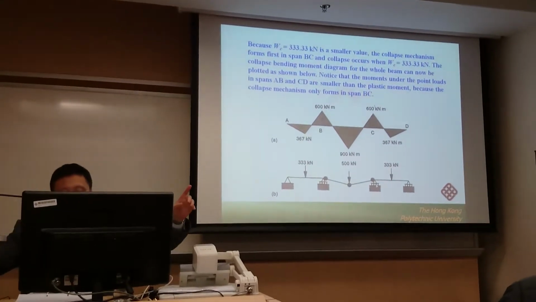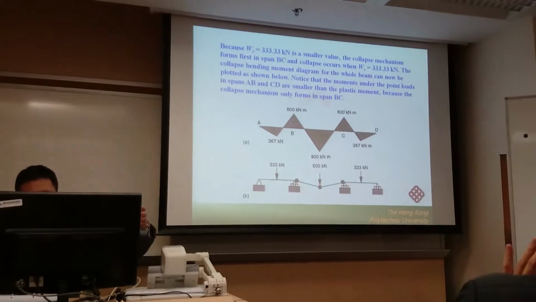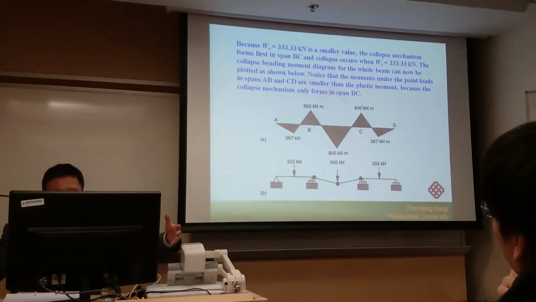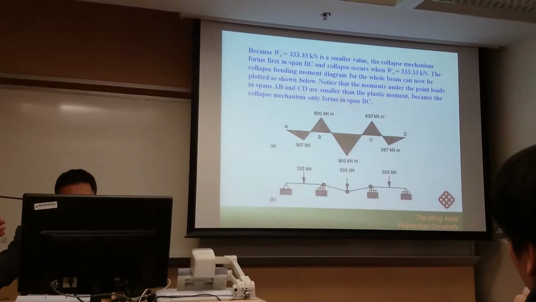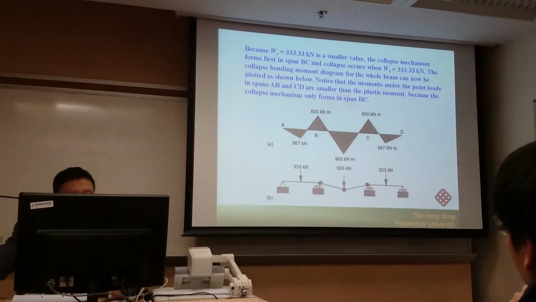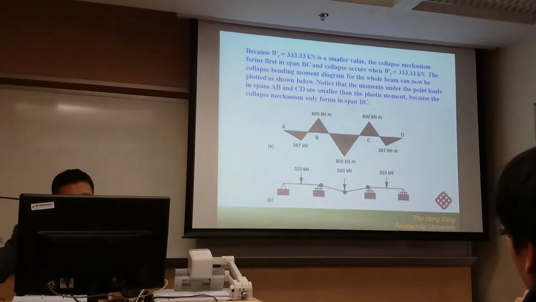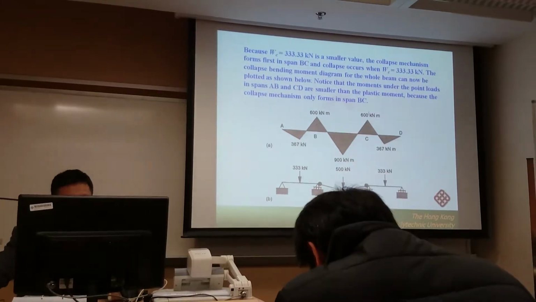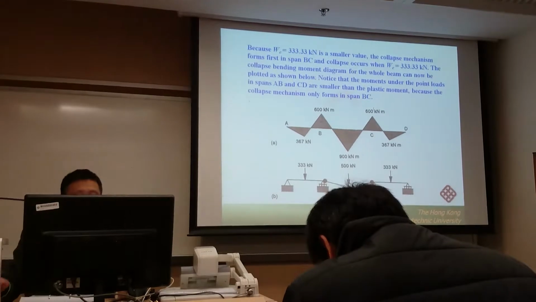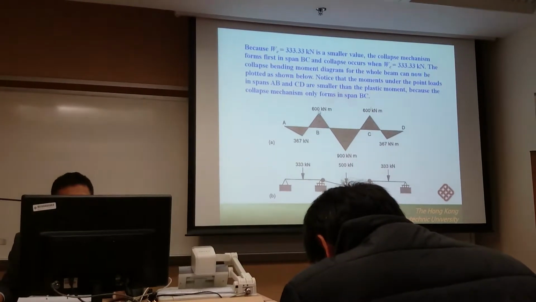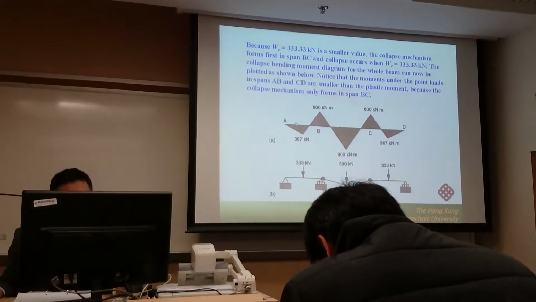So each one is equivalent to a simply supported beam subject to the original external forces plus the plastic moment, because at the plastic hinge, the moment is equal to the plastic moment. So we can obtain the moment diagram for each span.